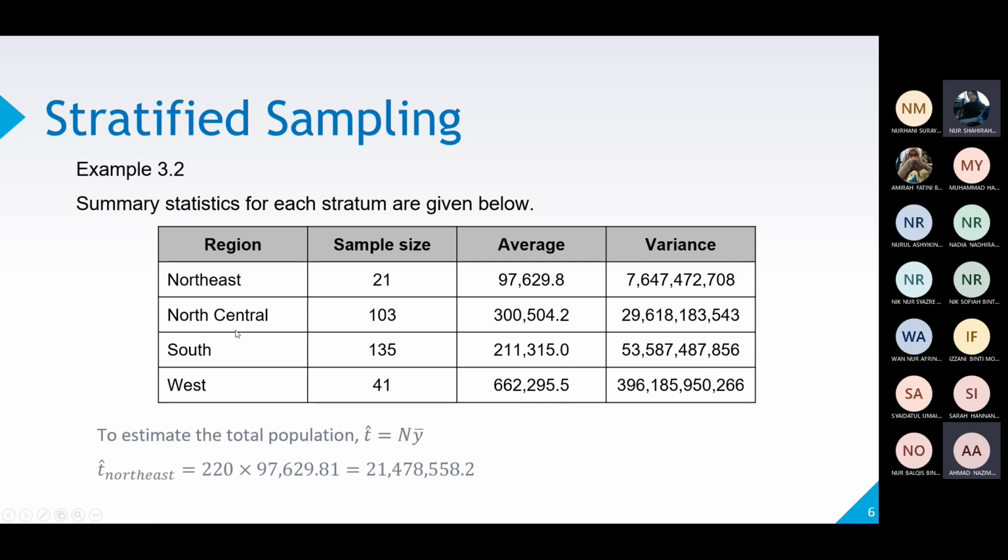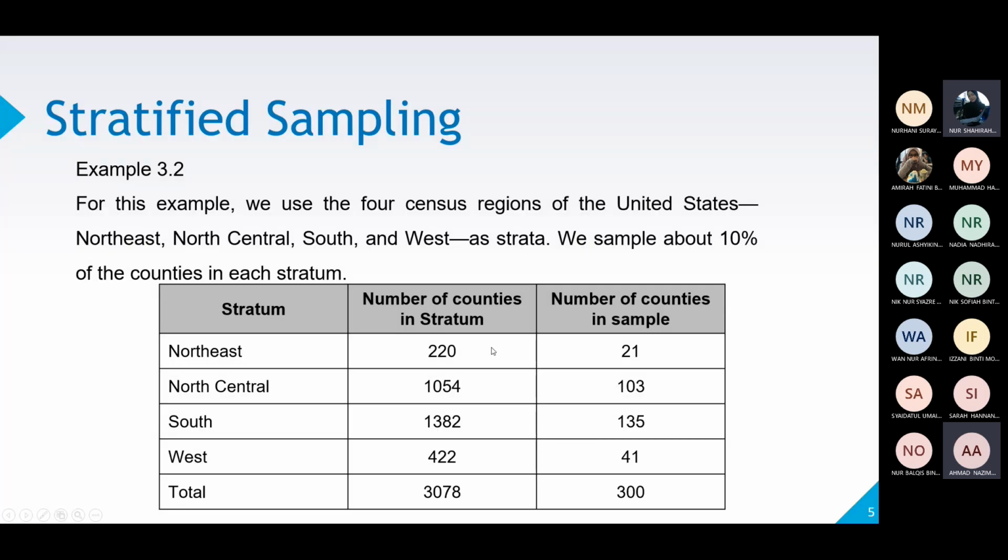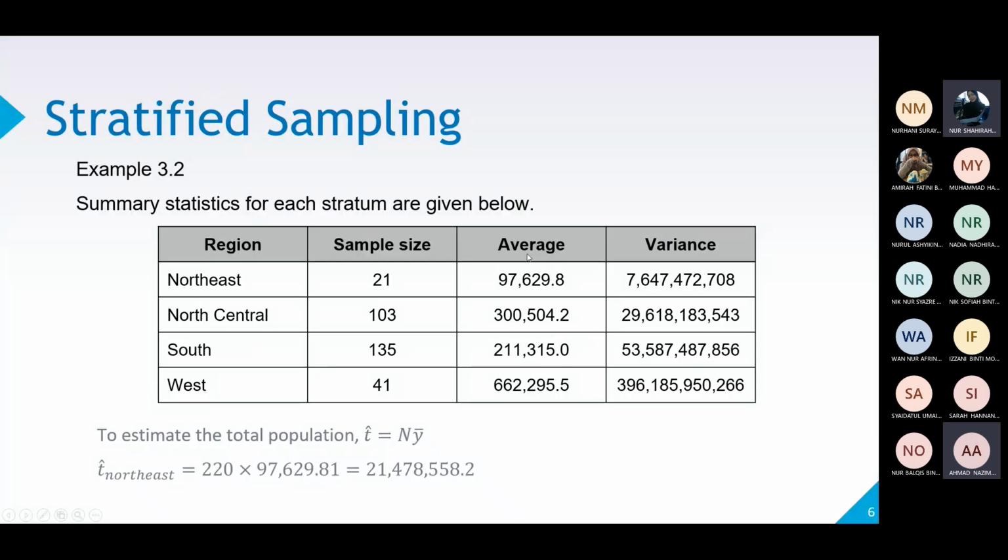The same goes for the north central, south, and west, because we have the population size in the earlier slide. This is the population size, and we also have the estimated average size. So by doing this, you can calculate the estimated population total.